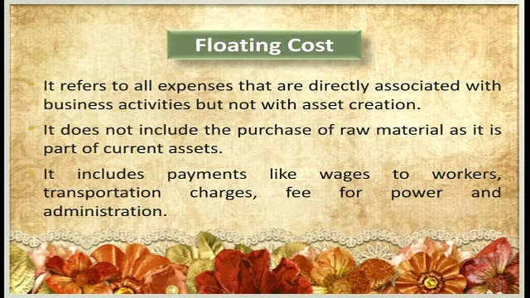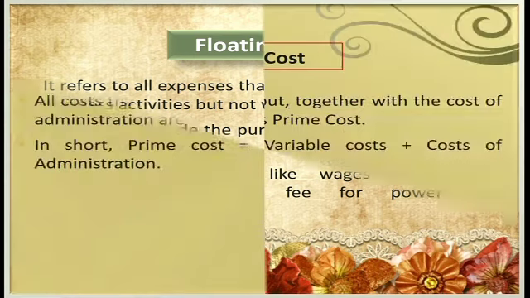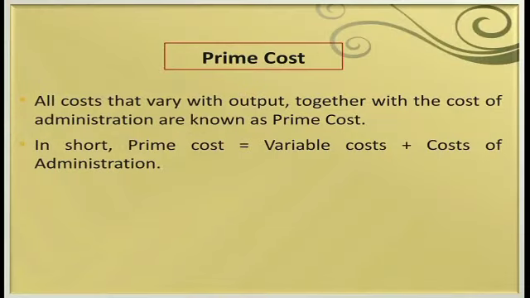And floating cost is necessary to run the day-to-day business of a firm. Next, prime cost. All costs that vary with the output together with the cost of administration are known as prime cost. In short, prime cost is equal to variable cost plus cost of administration.